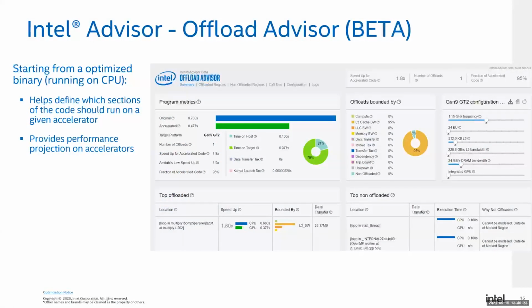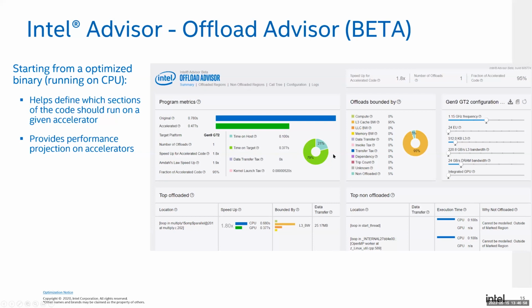So mainly what it will do is you can input C++ code and you can actually specify which GPU you have, right? So it gives you an option to select different types of GPU, and then it analyzes the code and gives you an output similar to this screen right here. It tells you the original code will take about 0.78 seconds, but if you accelerate the code to offload to GPU, then the same code will run in 0.47 seconds, right?